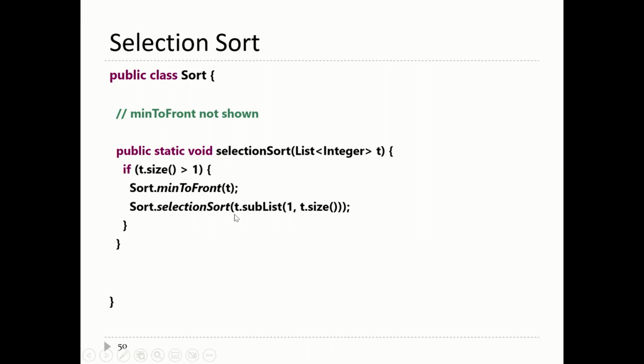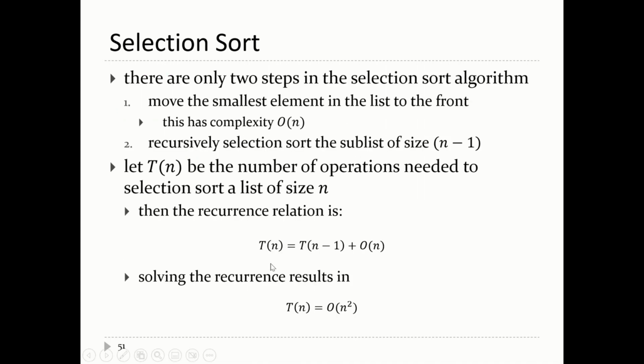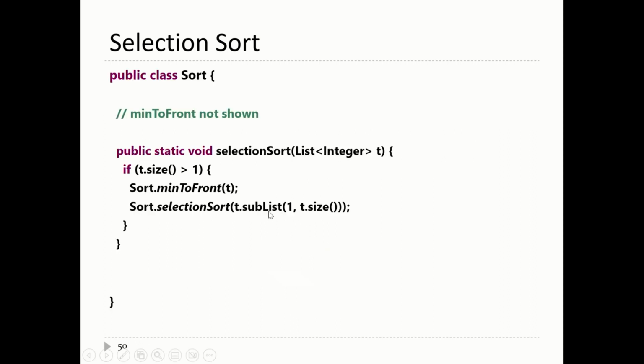And now finally here, I've got selection sort. I'm calling selection sort with a list that's 1 smaller than the original list. So my timing function for selection sort, T of n, the number of elementary operations needed by selection sort, is equal to, well, I have to selection sort a list that's 1 smaller.